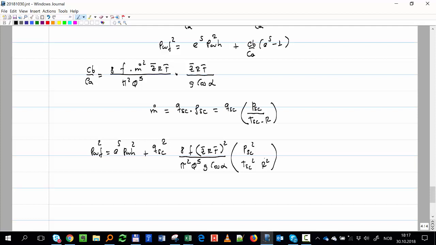Okay, and this R actually goes out with that R. Okay, and I have here e to the s minus 1. Okay, and that's, I present to you, that's the tubing equation for gas.